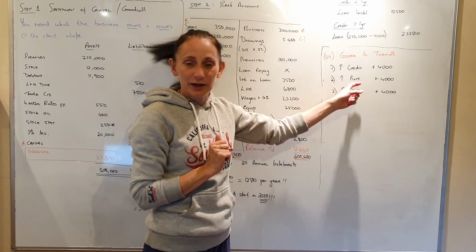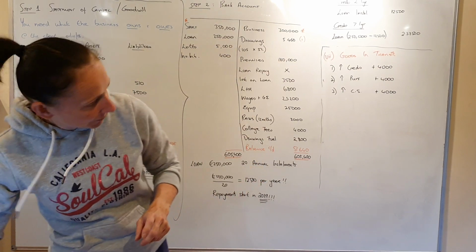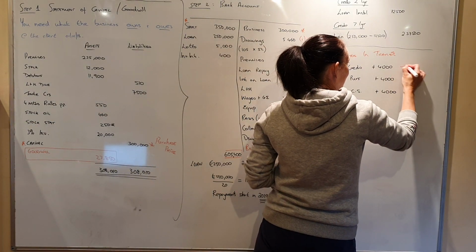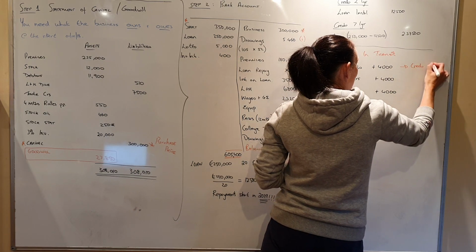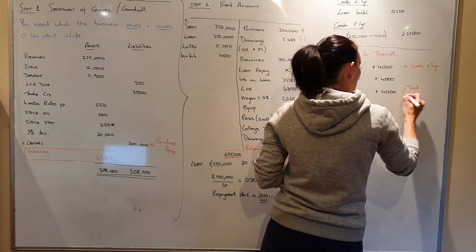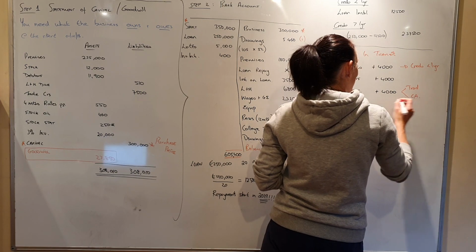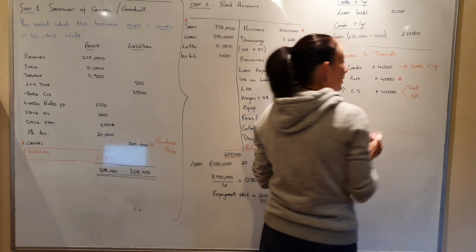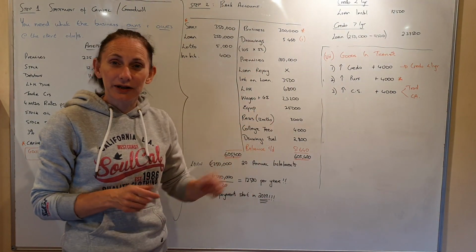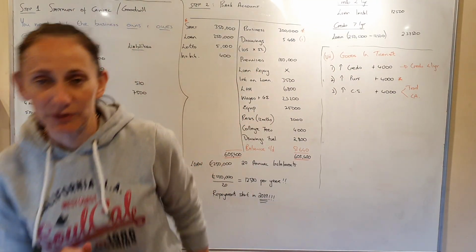But you don't have to worry about that because that will appear. Just remember, this will affect your creditors less than 1 year, and your closing stock will affect your trading account, and it also affects your current assets. You'll see it when you're doing the question, you're working backwards. I actually might do it for you now in a second just to show you that. I'll pop it up in a minute.